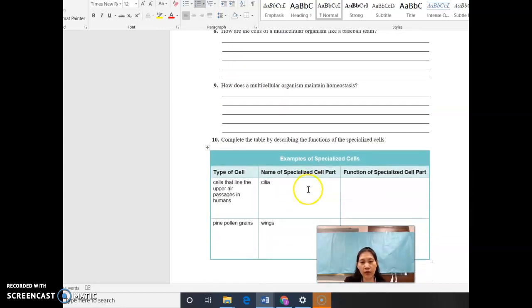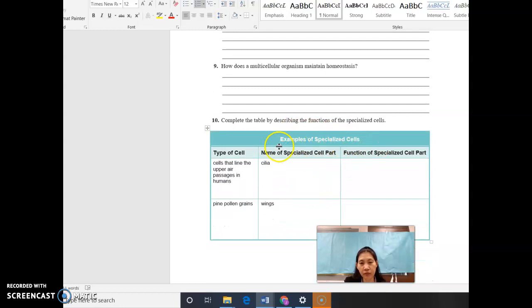So you have here the table. The first column states the type of cell: cells that line the upper air passages in humans. The second one is the name of the specialized cell part. We have cilia. And the third one is the function of the specialized cell part.